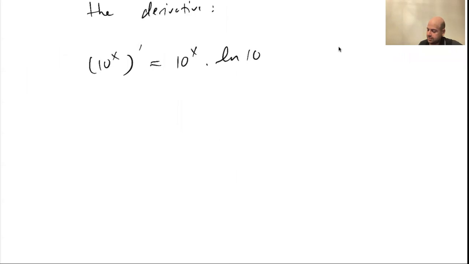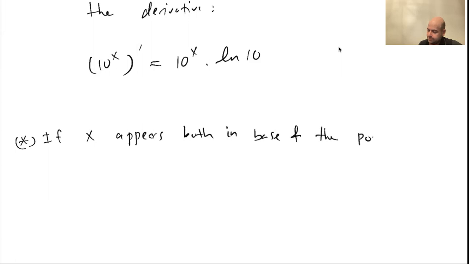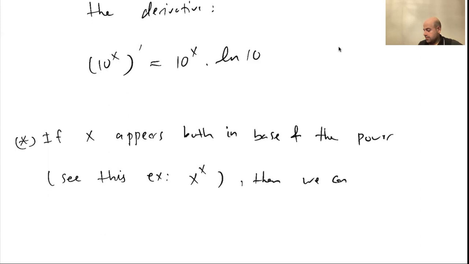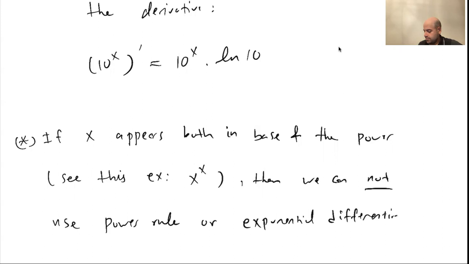So the third case: if x appears both in the base and the power, see this example, x to power x, then we cannot use the power rule or exponential differentiation to find the derivative.